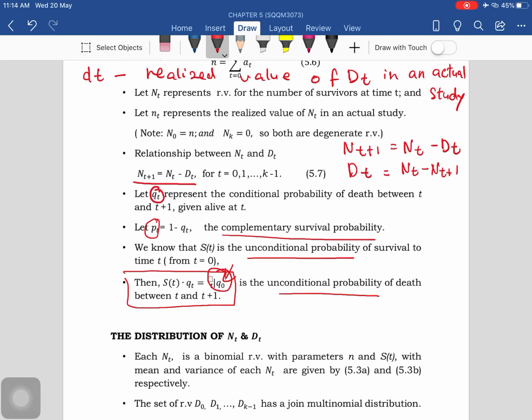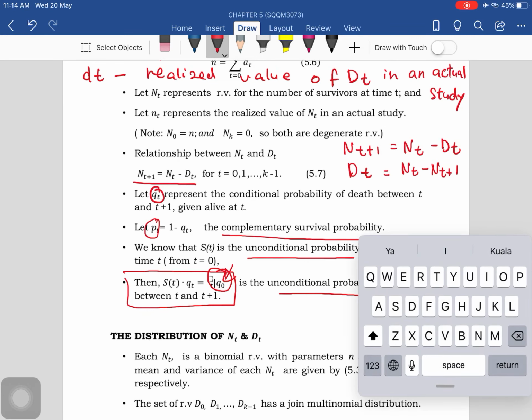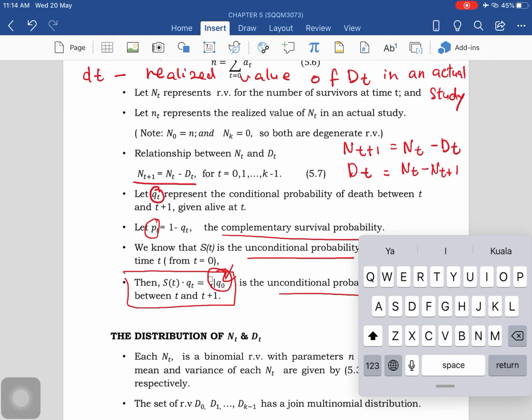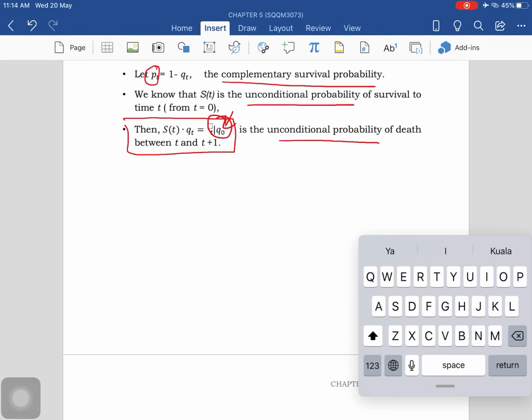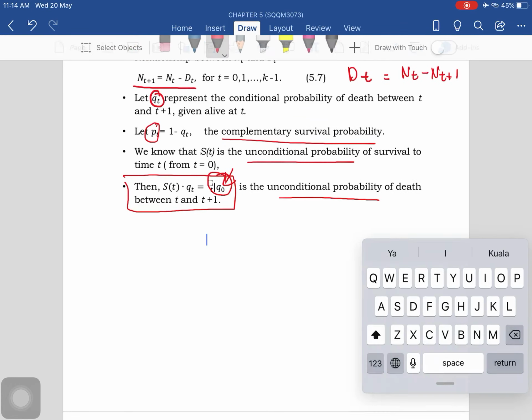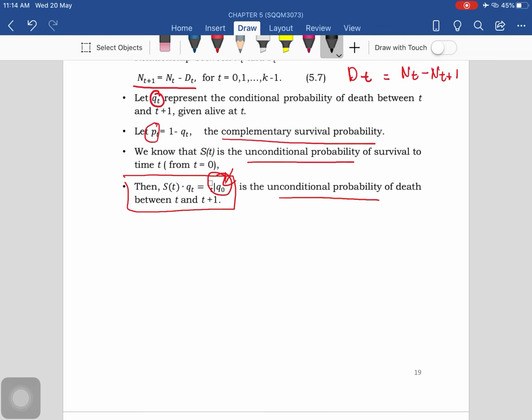So let me show you one timeline. Let's say T equals 0, T equals 10, T equals 11.